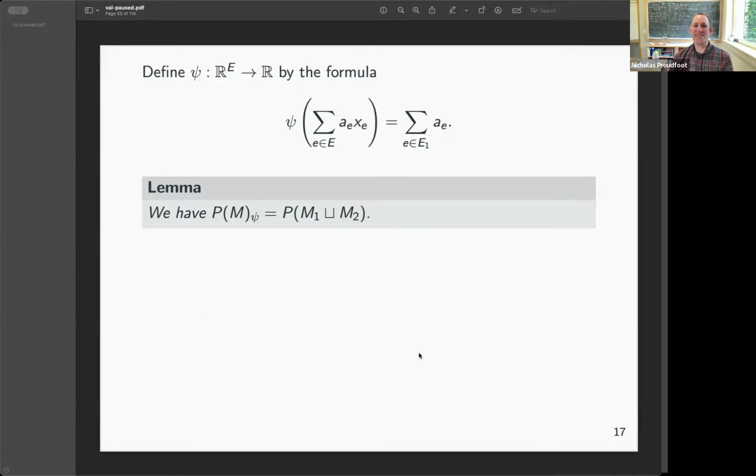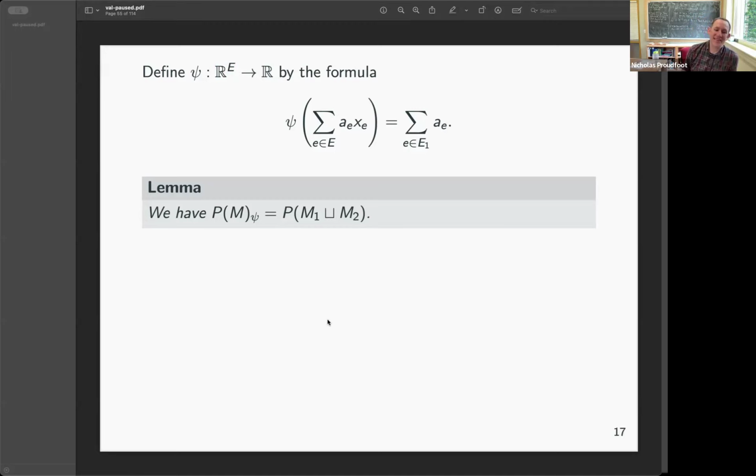Let me consider the linear functional that just takes the sum of the E1 coordinates. I have an element of R^E, and it has lots of coordinates, some in E1, some in E2, and I just take the sum of the E1 coordinates.